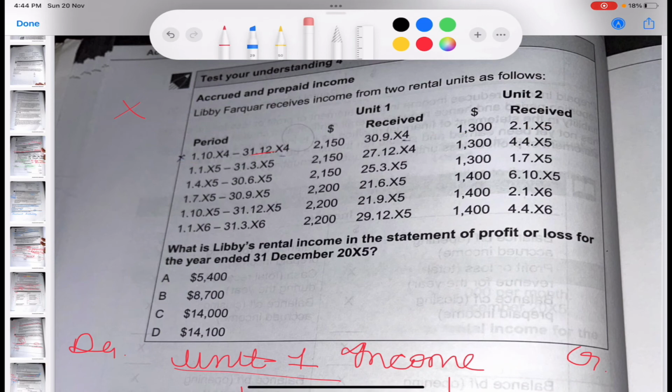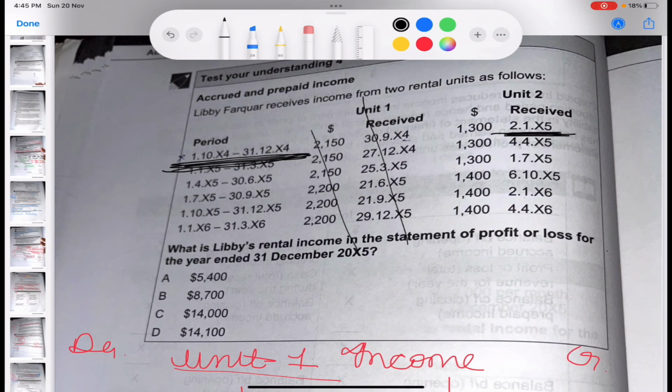Let's read the question again. Tell me if I was wrong. We have to ignore unit 1 now. We are only seeing unit 2. Something belonging to 2014 was received in 2015. So they have already taken our services, but they are paying us late. That means it is my accrued income. It's an asset.